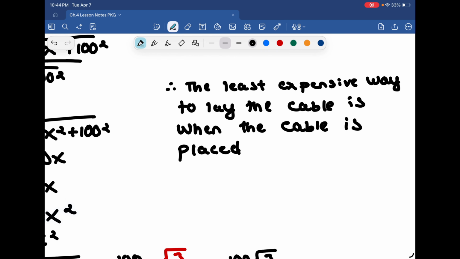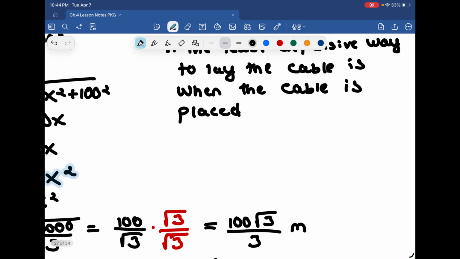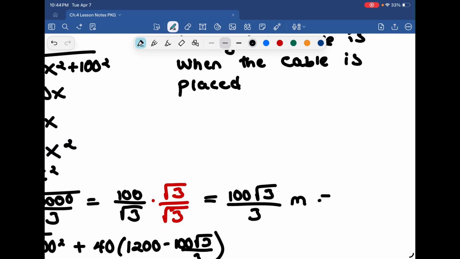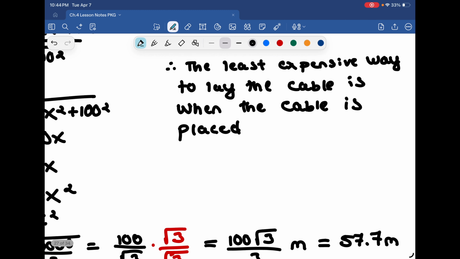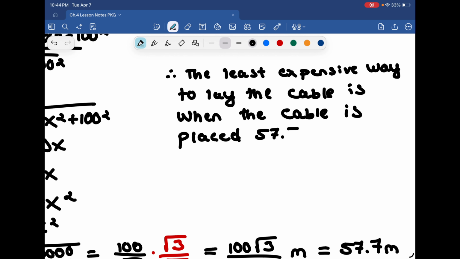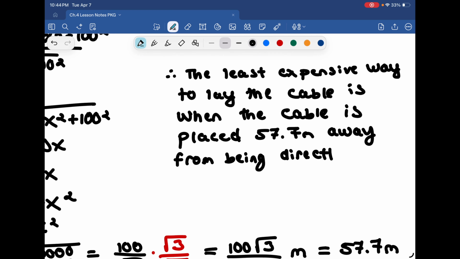And then because I think they asked it in terms of the nearest tenth, I'm actually going to even round the 100 square root of 3 over 3. This could technically be equal to 57.7 meters. So I'm just going to put in the 57.7. It's placed 57.7 meters away from being directly across.